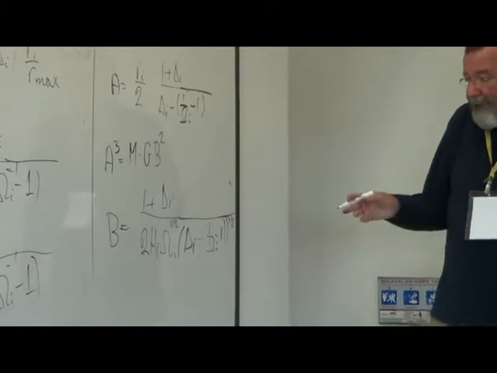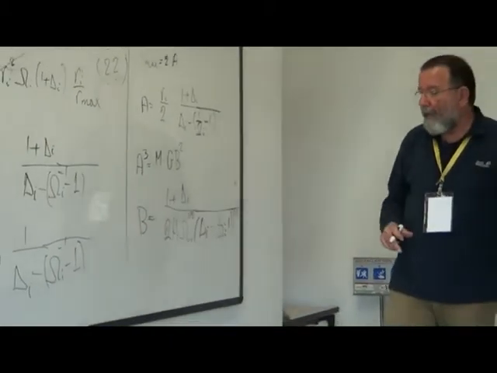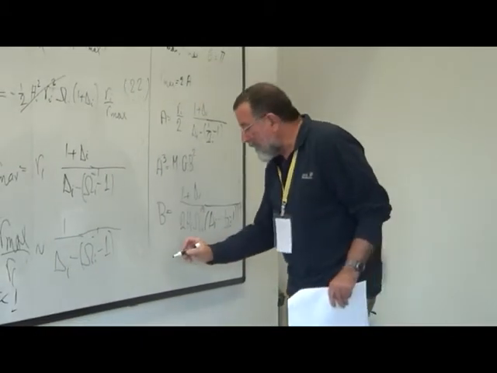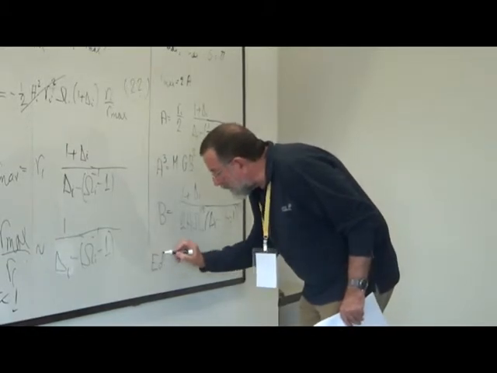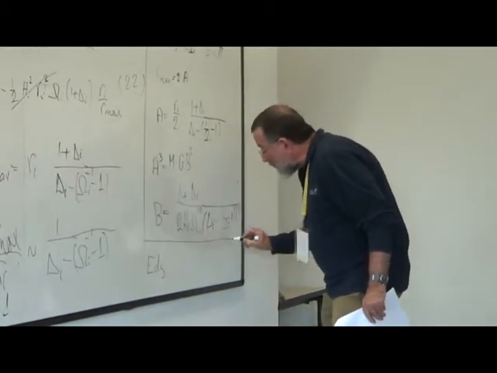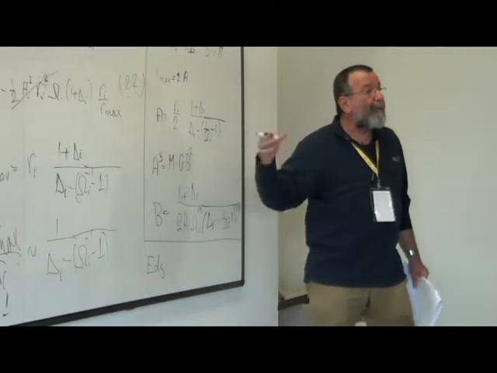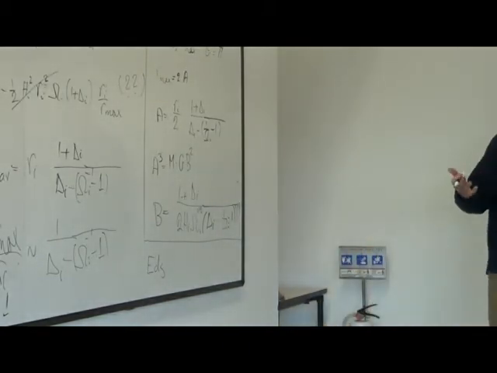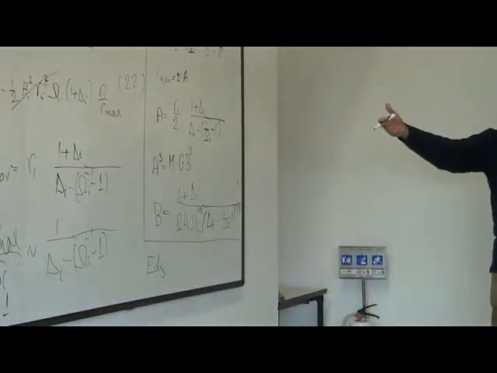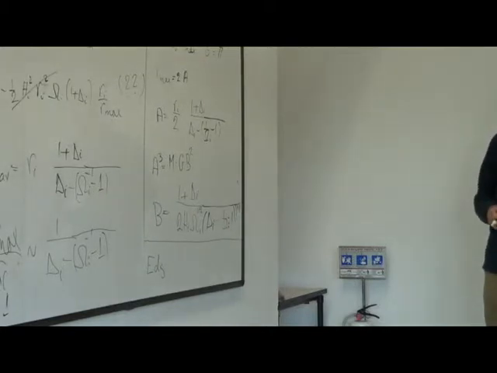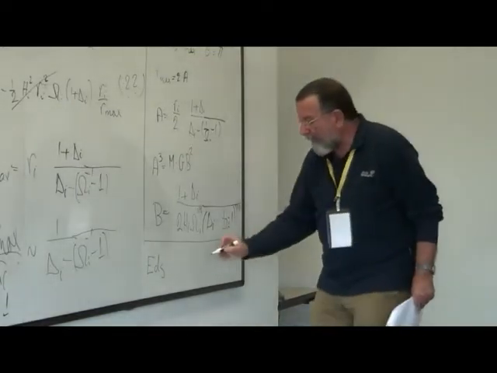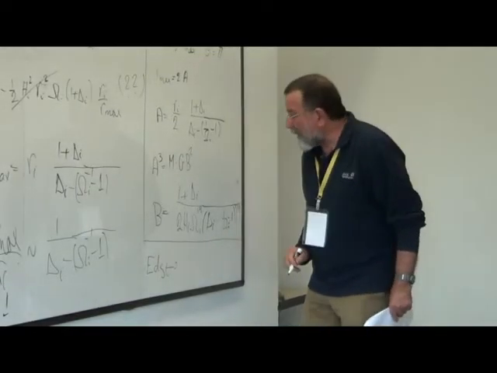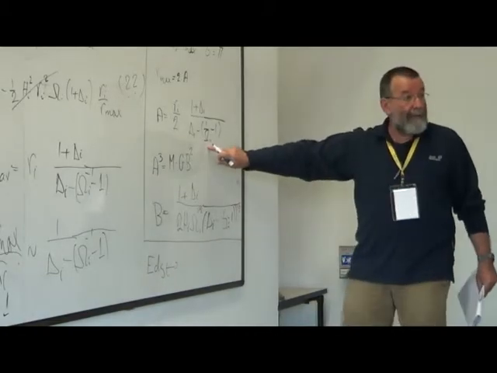Now, just to get some kind of a feeling, let's assume an Einstein de Sitter universe. The expression looks kind of complicated, and we don't get much sense of what we have here. For an Einstein de Sitter universe, things get simplified because omega I is 1.